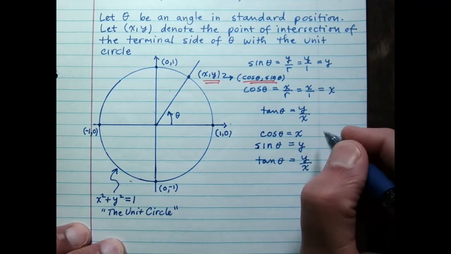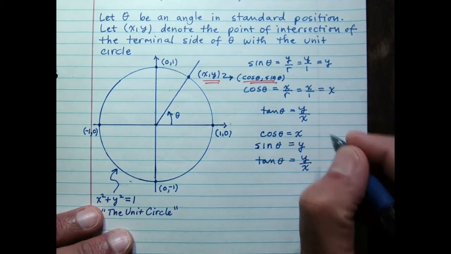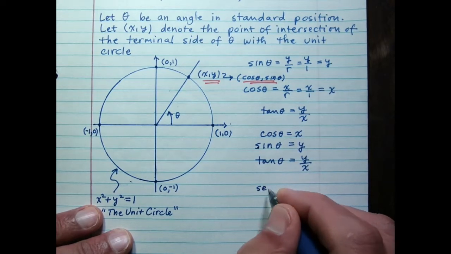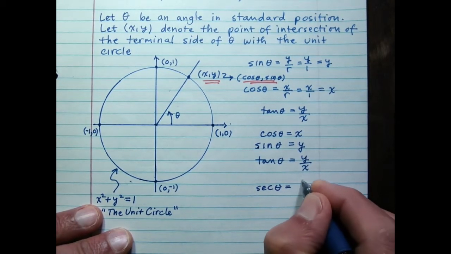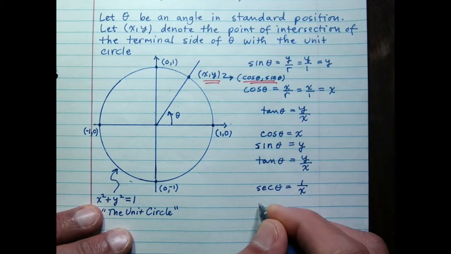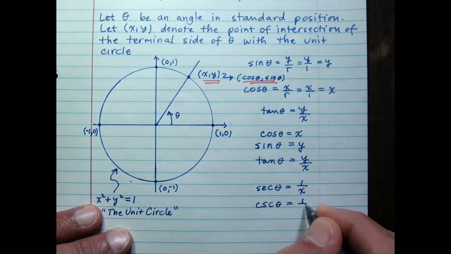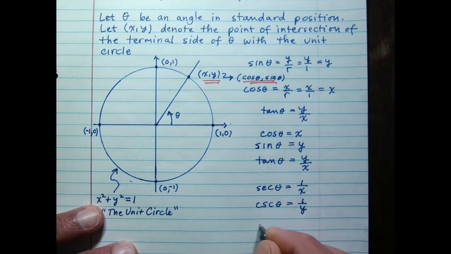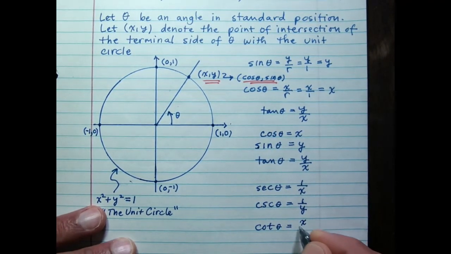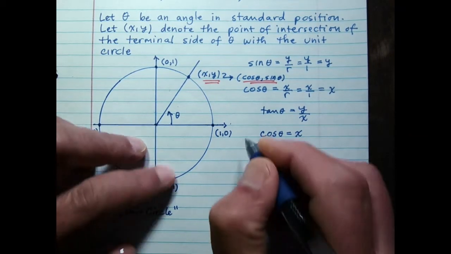And we also have secant theta, which is 1 over the cosine, so that's 1 over x. We have cosecant theta, which is 1 over the sine, is 1 over y. And cotangent theta, which is the reciprocal of tangent, so that's going to be x over y.